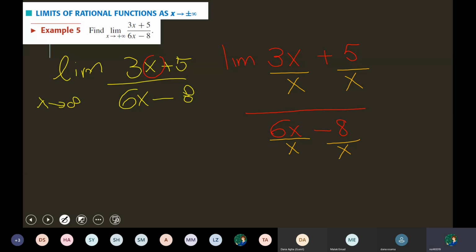This is the first step. I divide all of them by the highest power, which is x. If I have x squared, I will divide all of them by x squared. If I have x cubed, I will divide all of them by x cubed. Then it will be 3 plus 5 over x, over 6 plus negative 8 over x.